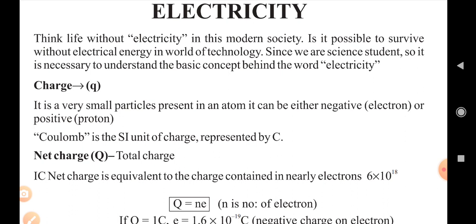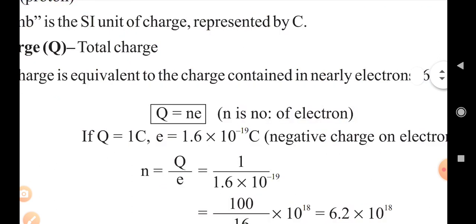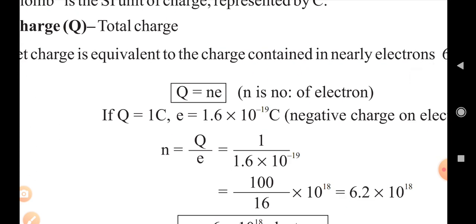Now let us learn about finding net charge. Net charge means total charge. Total charge can be calculated by multiplying the number of electrons with the amount of charge on one electron.